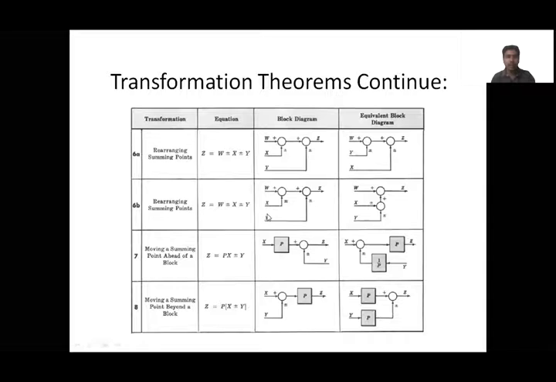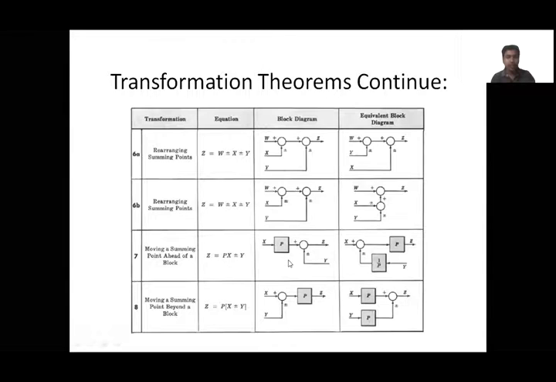And if you want to rearrange summing points, it is also the same: x y z w, x y w x y. We can also combine or rearrange the summing points like this. Here two inputs are there, here also two inputs, and the third output of the first summing point is given to the second summing point. They are also the same but the representation is different.